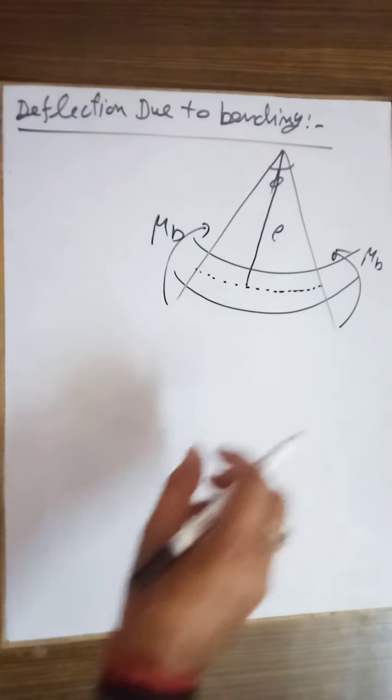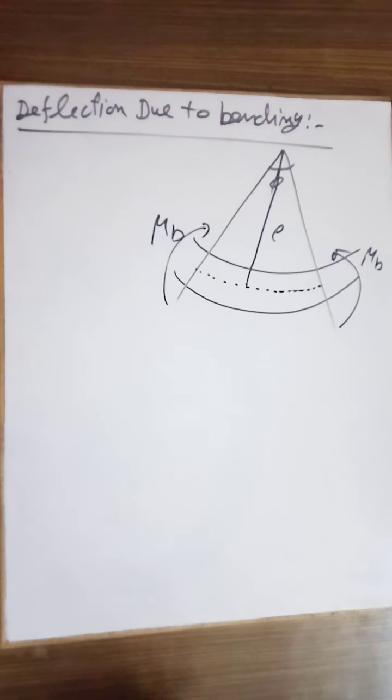So it is displayed in this figure. The deformation is shown in this figure. The slope will vary at each and every point. So let us consider a small part for this.